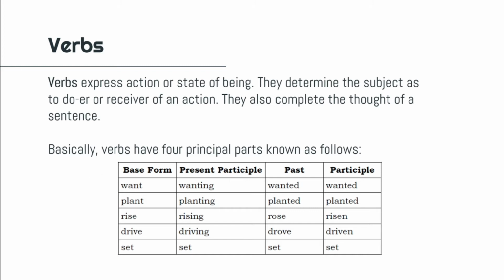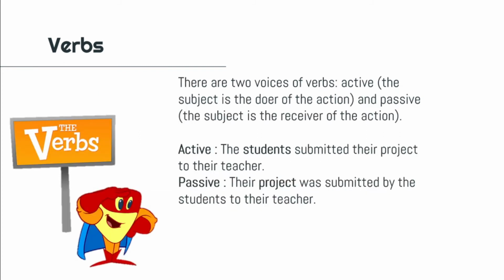Another word, we have drive for the base form, driving in the present participle, drove in the past, and driven for the past participle. Lastly, let's take an example, the word set for the base form, which has the same form in its present participle, past, and past participle.